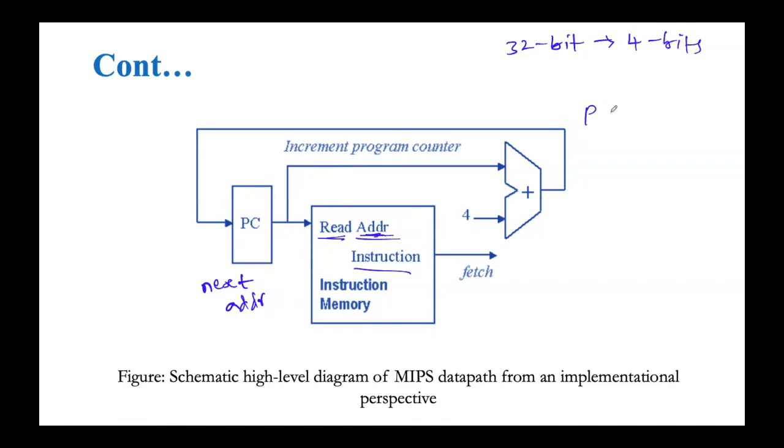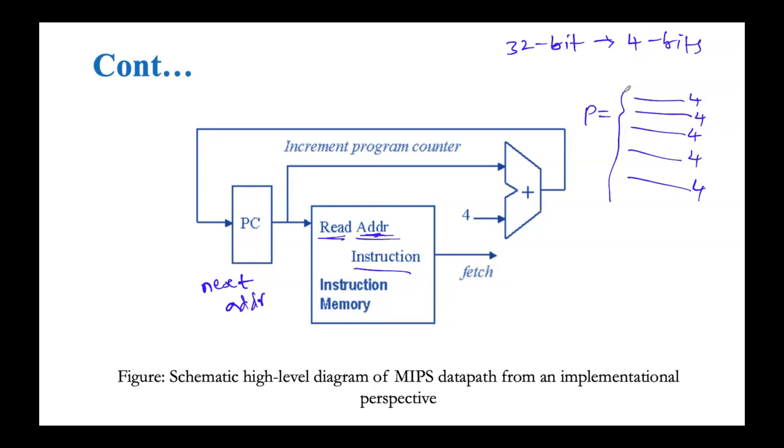So if I have a program with instructions like instruction 1, instruction 2, instruction 3, instruction 4, instruction 5, every instruction takes 4 bytes. So the second instruction starts after 4 bytes, the third instruction starts after 8 bytes, the fourth instruction starts after 16 bytes, and so on.